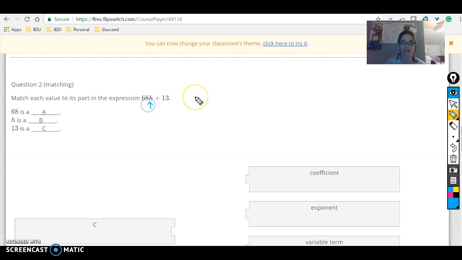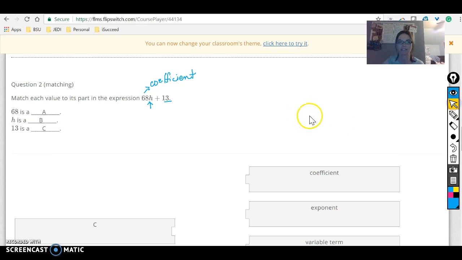It's a letter that represents a value that can change and that we don't necessarily know, all right? 68 is in front of the H, it's being multiplied by the H, so it's a coefficient. And 13 is a constant value, okay? That 13, in this case, is our initial distance. That is not going to change, so it's a constant value.